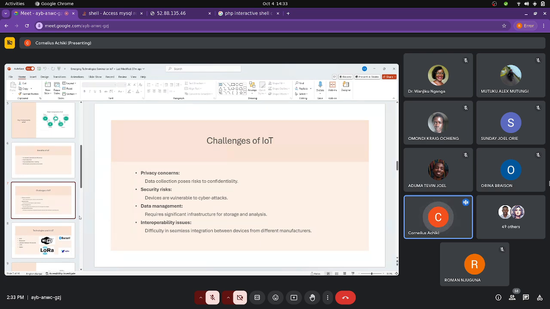Yeah, even if the data is in its raw form, as you're sending it to the cloud, who is going to be accessing that data while it's on the cloud, after it has been analyzed, or even when you're looking at the dashboard for your application?